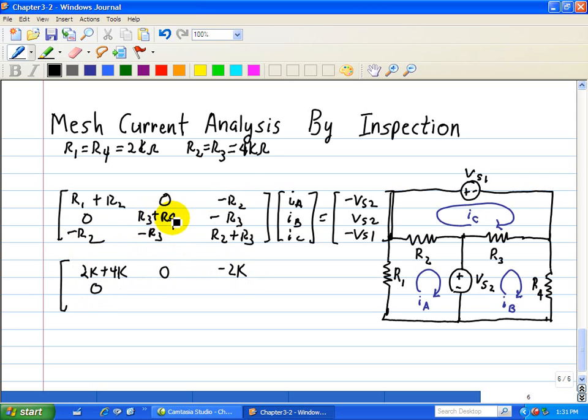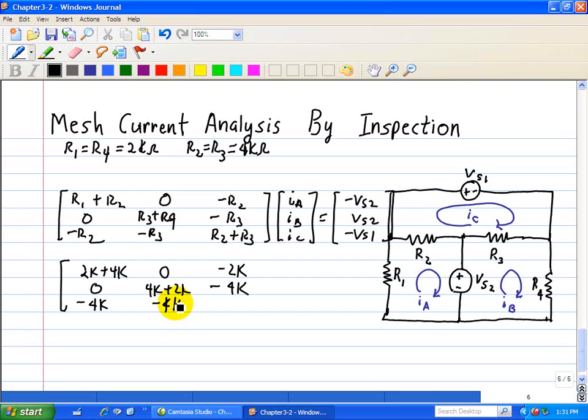Then R3 plus R4, which is 4K plus 2K. Then a minus R3, which is just a minus 4K. We have minus R2, which is just minus 4K. Minus R3, which is minus 4K.